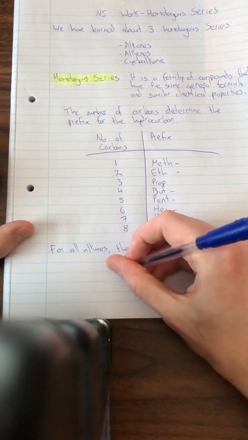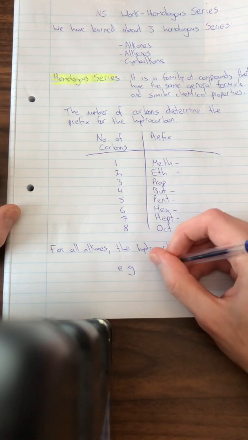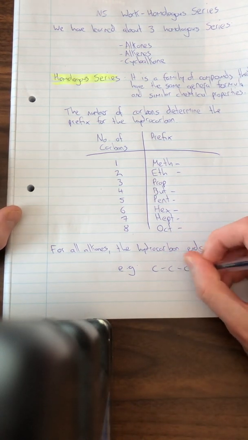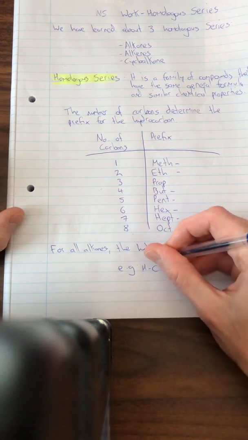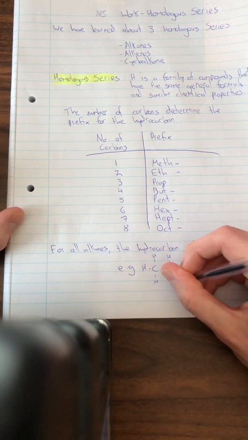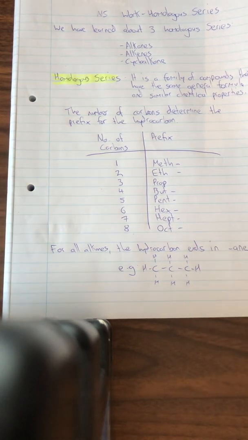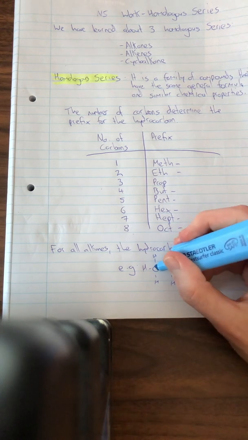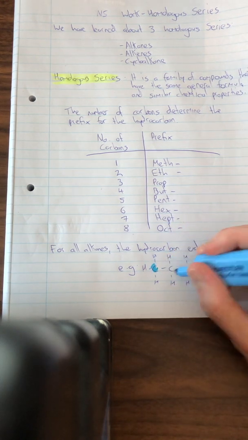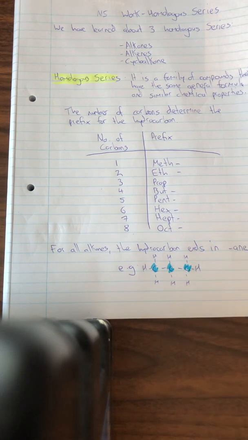For an example, if we go for this alkane here, you can see it's got 1, 2, 3 carbons.